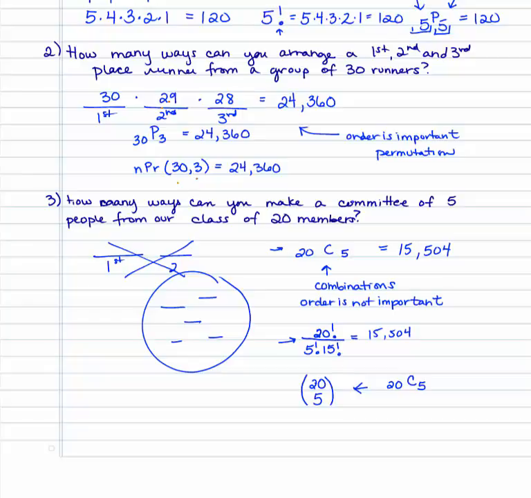And your book also calls this N, it calls this K, but they stand for the same thing as the R did above. So I'm trying to connect it to what your calculator will do. Your calculator uses that R idea, but your book is using N and K.